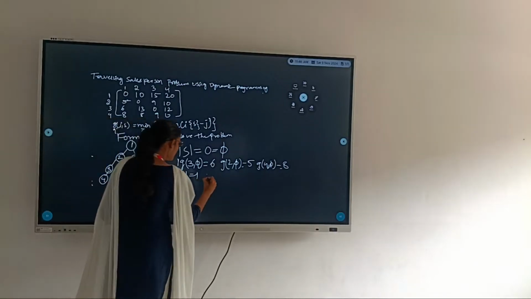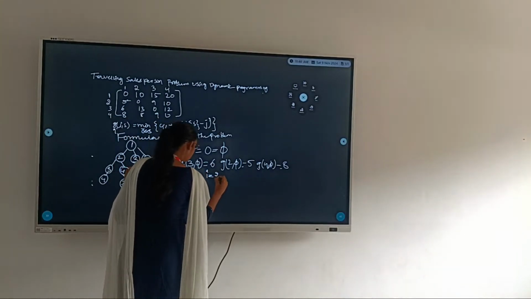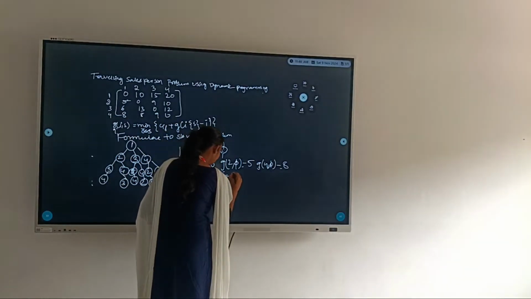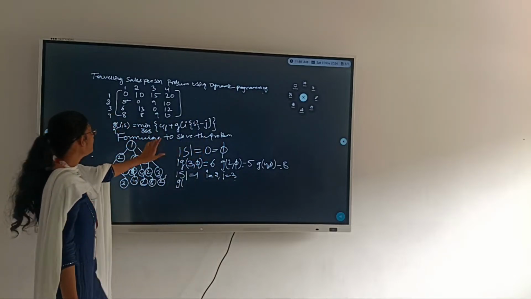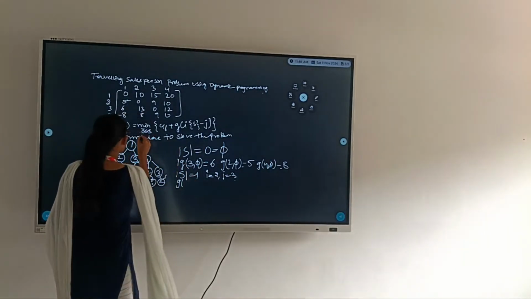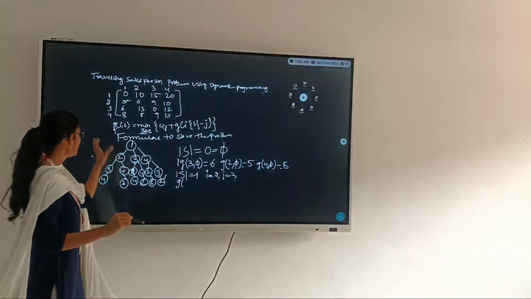So here consider I is equal to 2, J is equal to 3. And here J belongs to S. J belongs to S means both J and S are the same element.